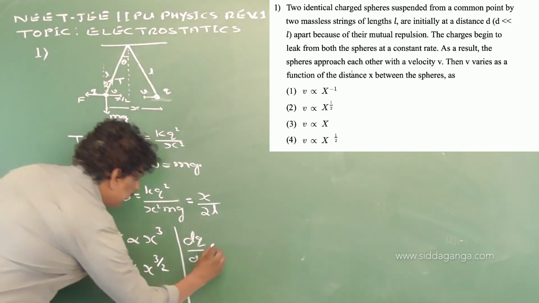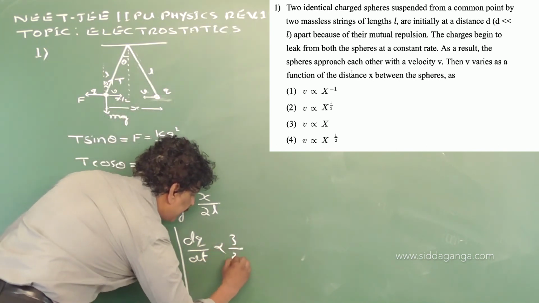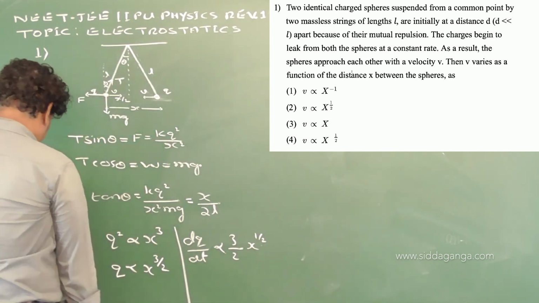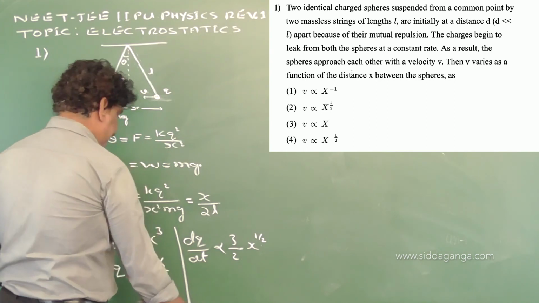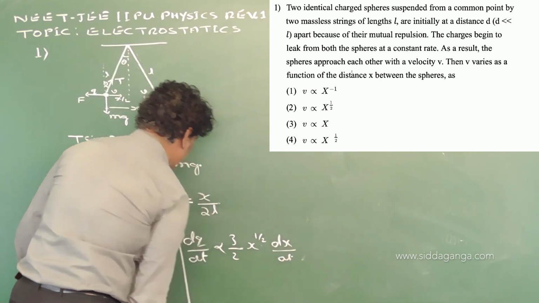Now since the charge is leaking with respect to time, differentiating, dq by dt, which is at constant rate, is directly proportional to 3 by 2 into x to the power of half, into dx by dt.